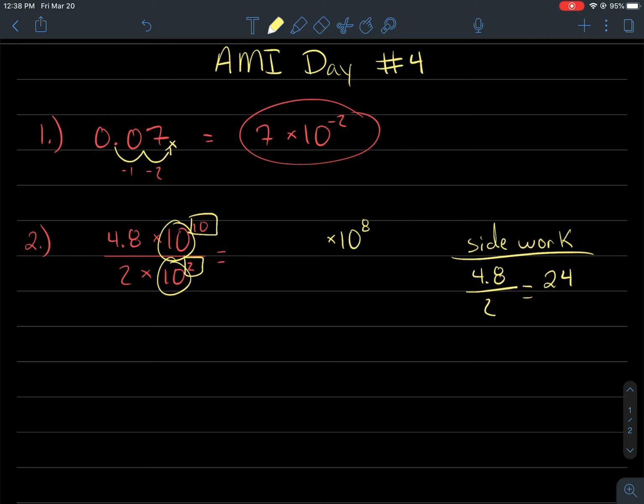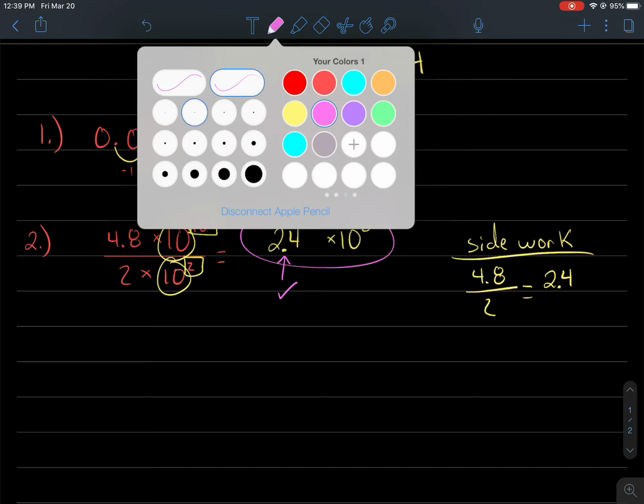It was just 1 decimal place, so your answer is going to have 1 decimal place. So the answer is 2.4, and we have 2.4 times 10 to the 8th. My decimal, located right here, is in fact behind the very first non-zero number, so it's in the correct spot. This is my final answer for number 2.